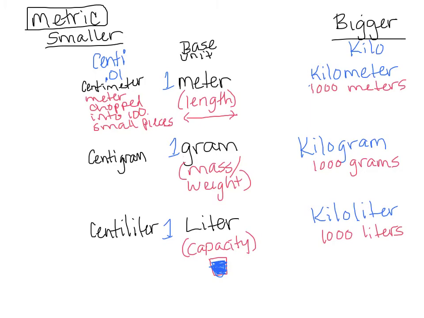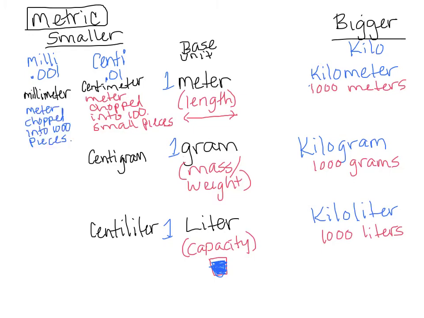And if that didn't seem small enough, let's take it one step smaller, the milli prefix. I'll put 0.001, because it is the base unit chopped up into 1,000 pieces. So it would be a millimeter.